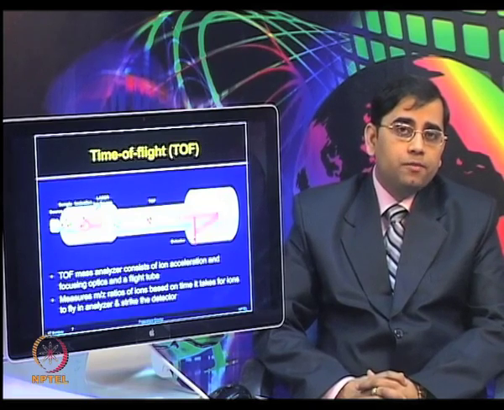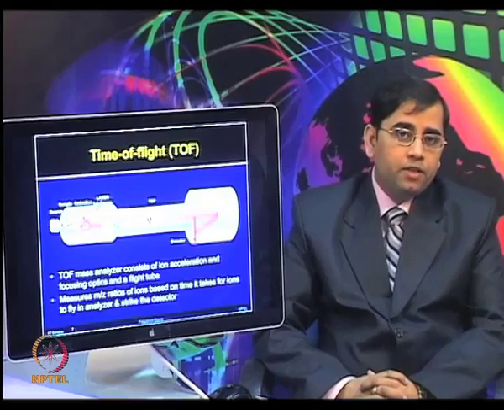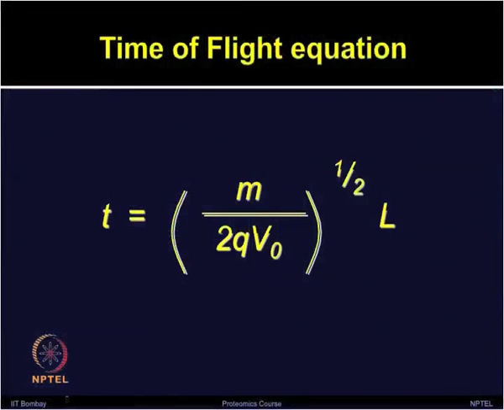Time of flight tubes often outperform scanning mass analyzers in sensitivity and scan speed. The time of flight of a charged ion can be calculated by using the equation shown in this slide. The flight time is directly proportional to the square root of the mass of the ion. In this equation, T represents the time of flight, M is the mass of the ion, Q the charge on the ion, V0 is the accelerating potential and L is the length of the flight tube.